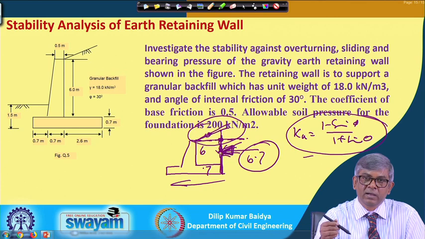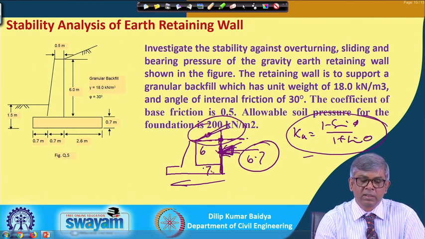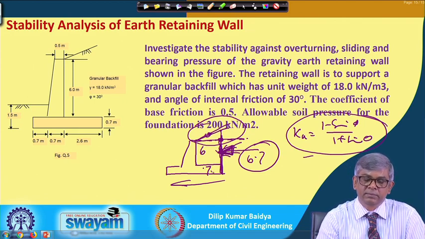When the force is parallel to the backfill, it is neither vertical nor horizontal, but you have to work with horizontal and vertical forces. Because of that, you make two components, one horizontal and one vertical, for the calculation. So, that is the way we can do it.